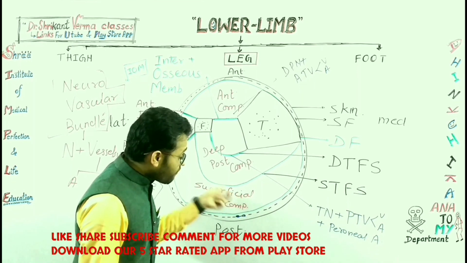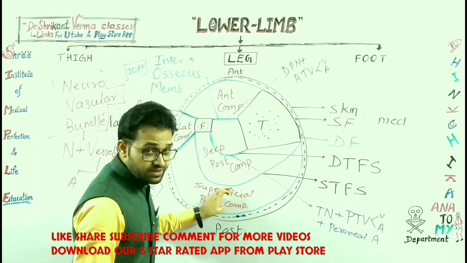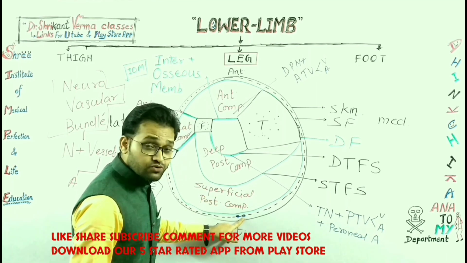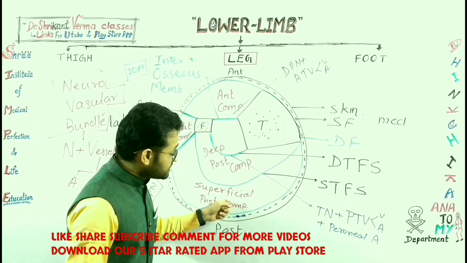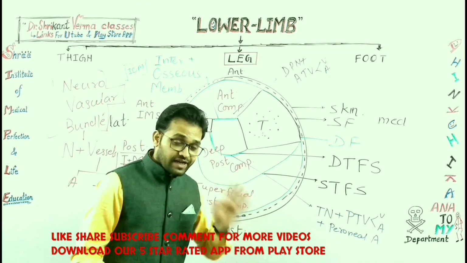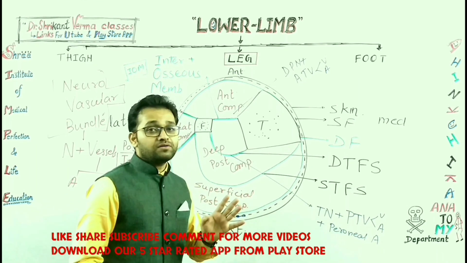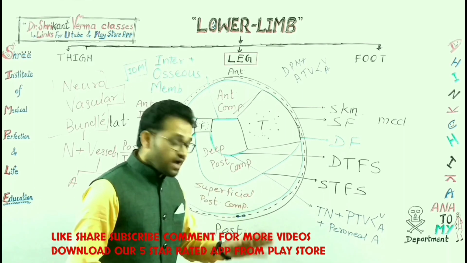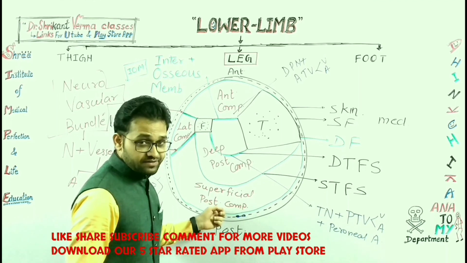There is no artery and no vein for this superficial posterior compartment. The short saphenous vein is present, but again it is subcutaneous, running in the fascia, not related to the superficial posterior compartment. So in May AIIMS 2018, the answer to the question, which compartment does not have a neurovascular bundle, is the superficial posterior compartment of the leg.